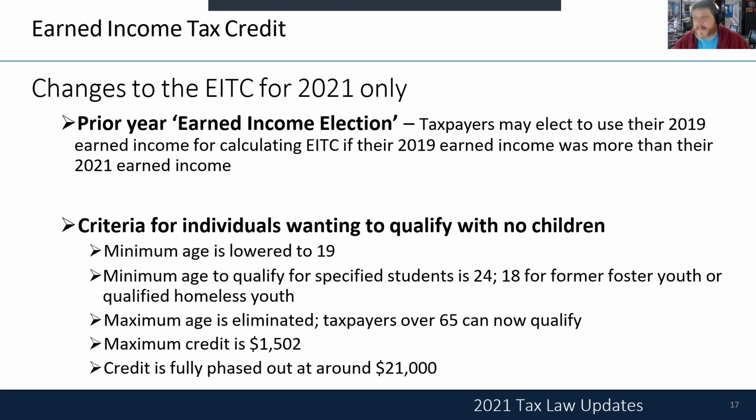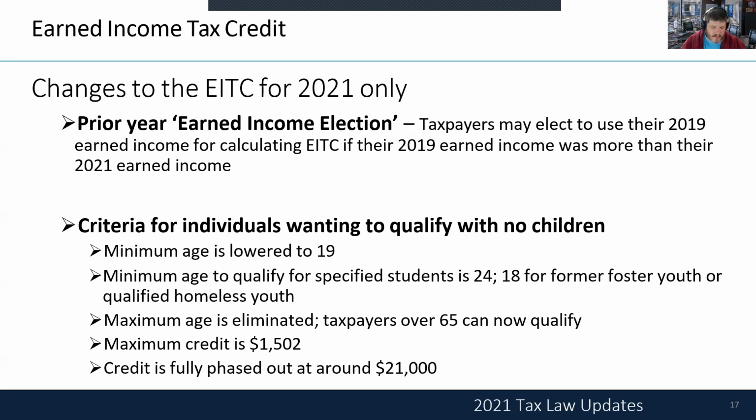So if their 2019 earned income is greater than their 2021, I would put it in and see. Watch the EIC, fill out the return, do that piece last, because you can always check and uncheck that box and see which one comes out with a greater EIC. I will actually use this as one of my sticky notes that I will have on my desk, because those are things that are easy to forget.